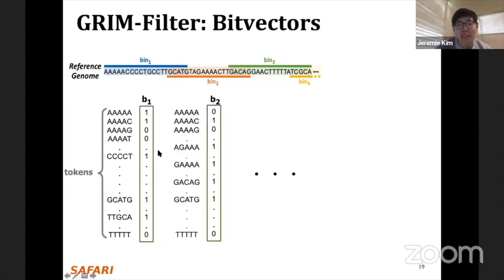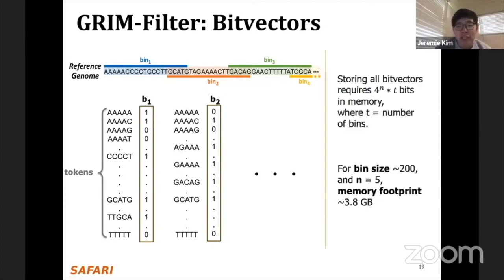And so to give you a feel of how large the memory consumption would be just for this, we can calculate it by using the number of bins that we split the reference into, and we multiply that by the size of the bit vectors. So this equation is just t times 4 to the n, because there are 4 different nucleotides, n is the token size, and t would be the number of bins.